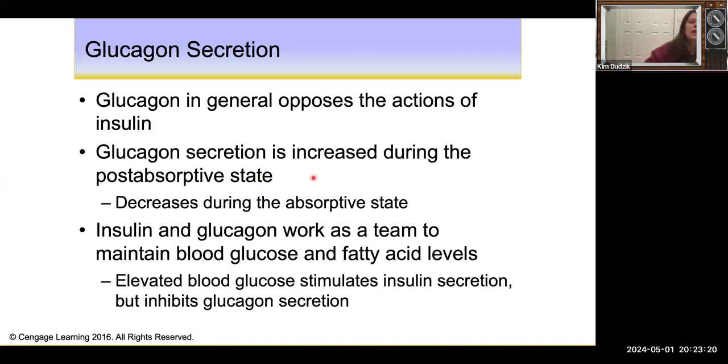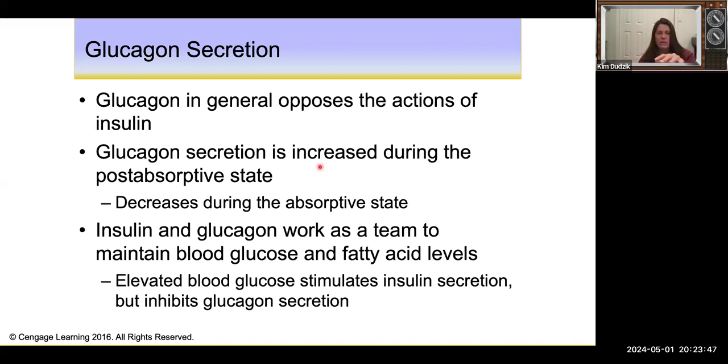Okay, so again, we start to see glucagon increase its rate of secretion during that post-absorptive state when we haven't eaten a meal in a while. It takes about 4 hours after eating a meal for all the absorption to stop. So 6, 7, 8 hours into it, if you haven't eaten, we're using the glucose out of the blood.